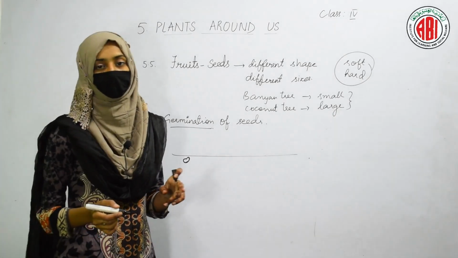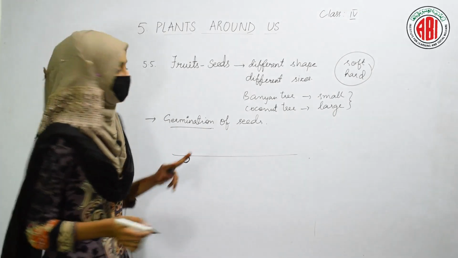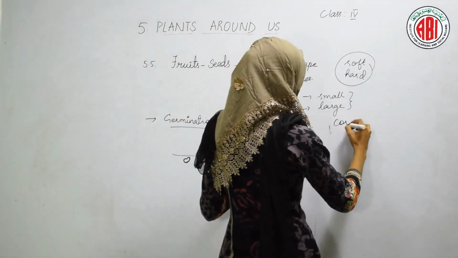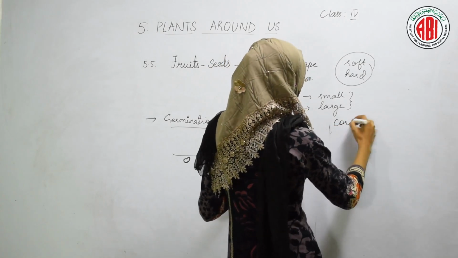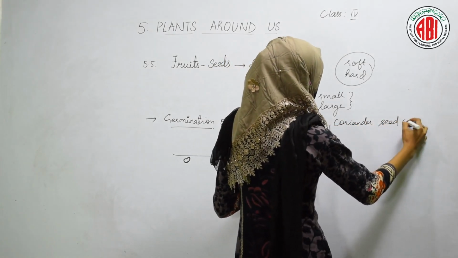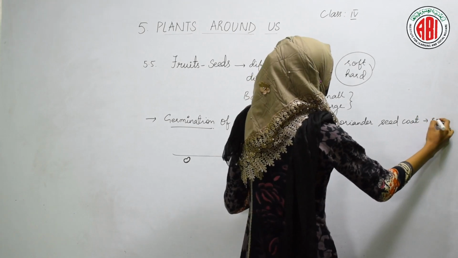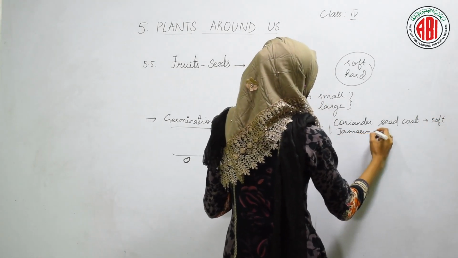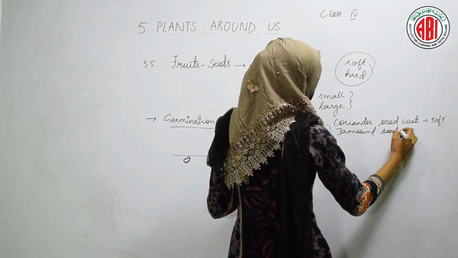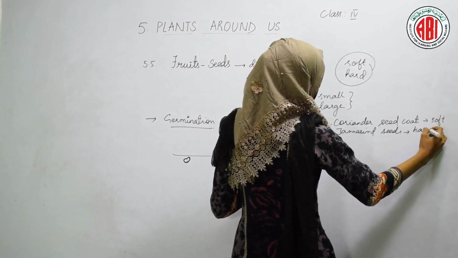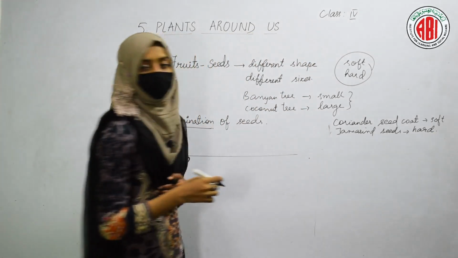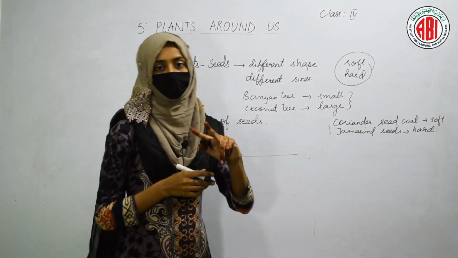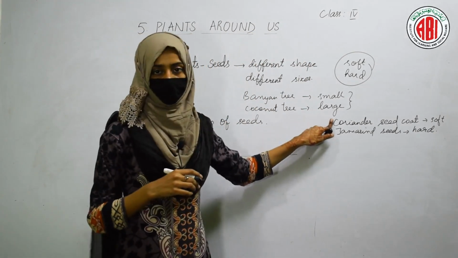A boy named Rahim took two kinds of seeds. He took coriander seeds, whose seed coat is very soft, and he also took tamarind seeds, which are very hard. So he took two kinds of seeds: one is hard and the other is soft.